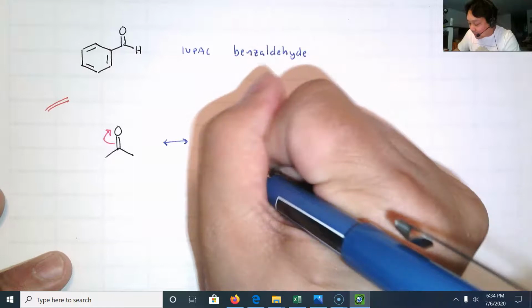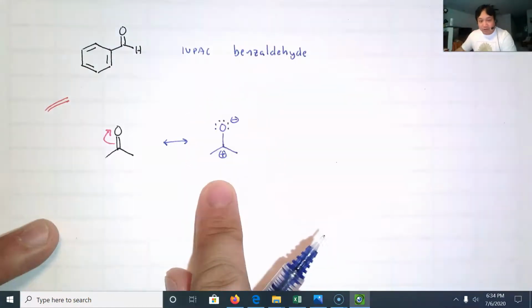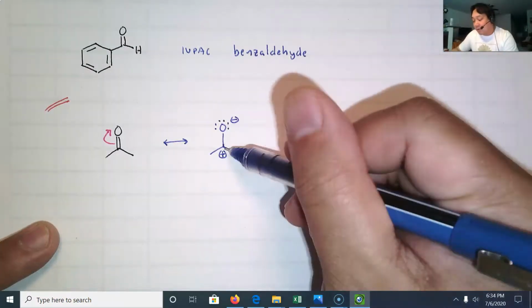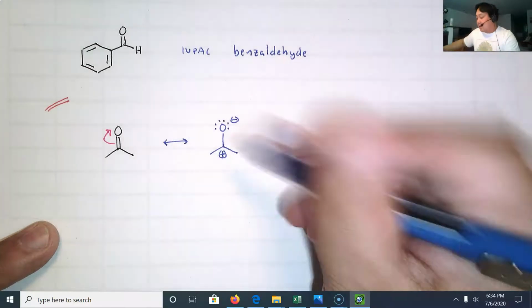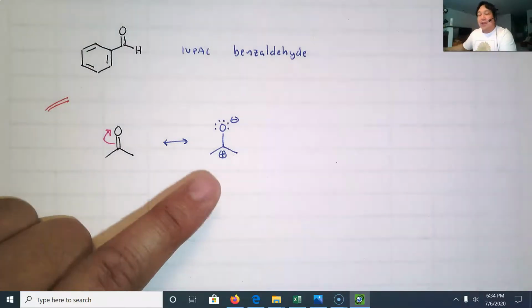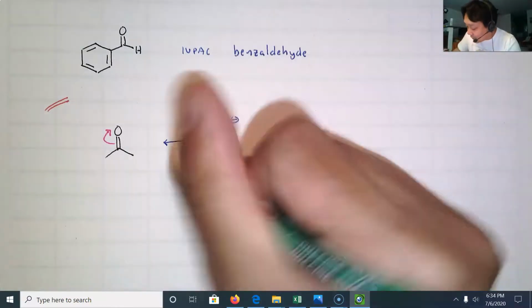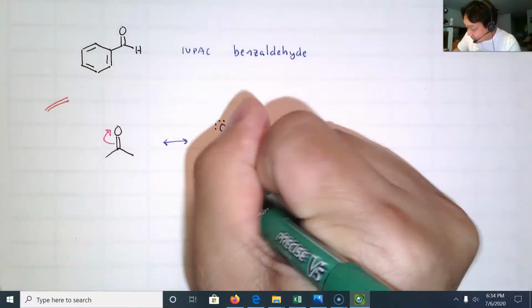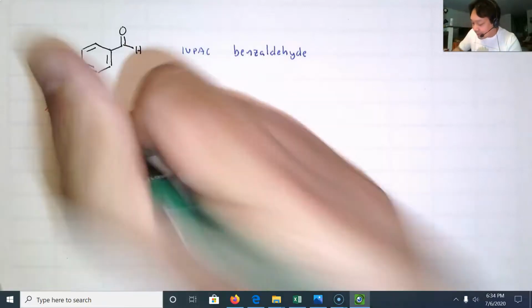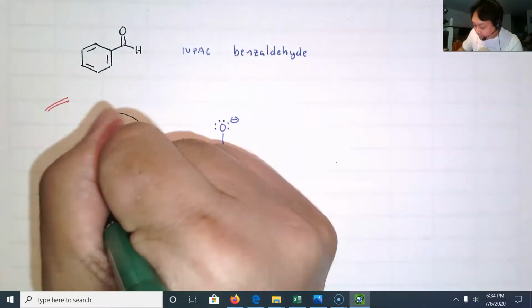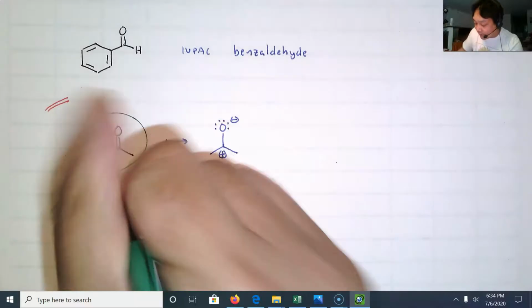We have separation of charge, and also a carbon that doesn't fit the octet rule. It's still a resonance structure, though, just a very minor one. But this is the major contributor, obviously. Hopefully it's obvious.